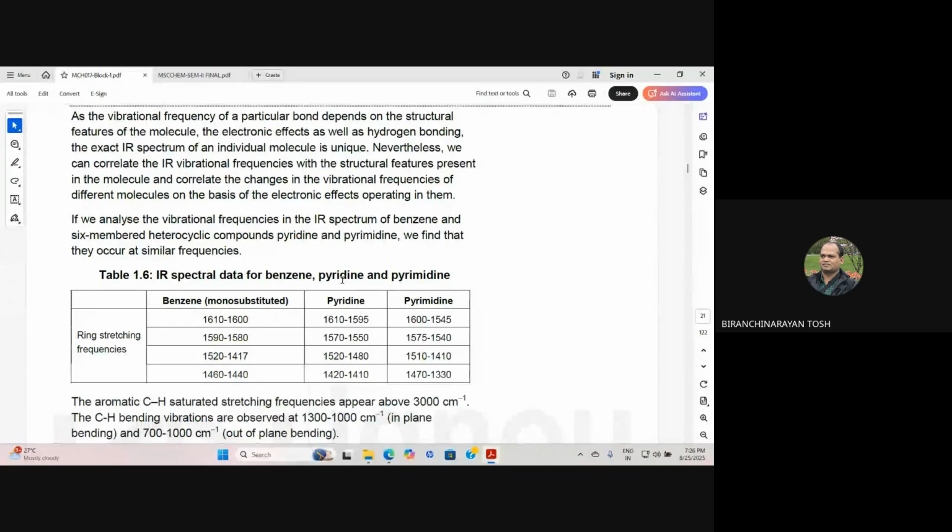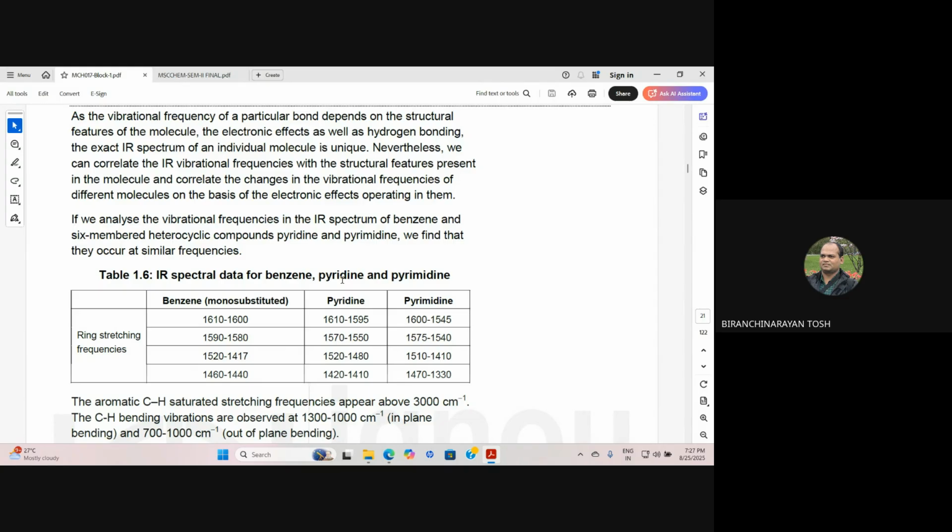Just imagine benzene C6H6, where to each carbon one hydrogen is attached. Between carbons you have double bonds and single bonds; due to resonance you get a pi electron cloud and all carbons are strongly attached, while the carbon-hydrogen bond is loose, so it requires lesser energy for its vibration, stretching or bending.